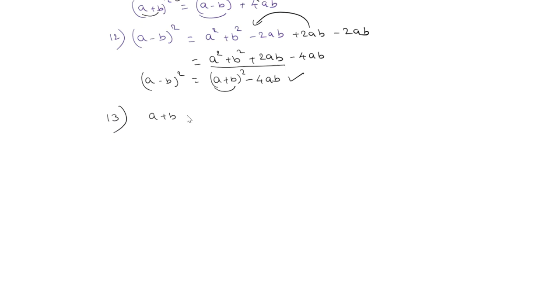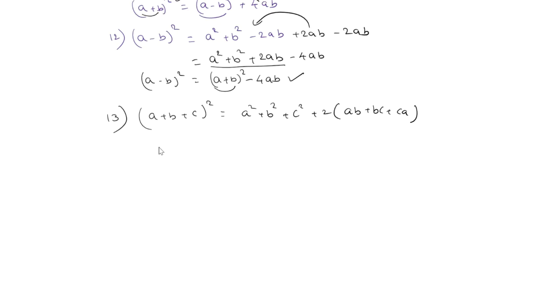Once again, recall that (a + b + c) whole square is equal to a square plus b square plus c square plus 2 into (ab + bc + ca).